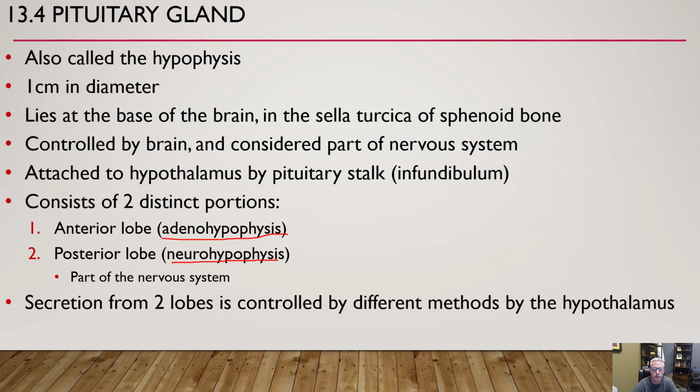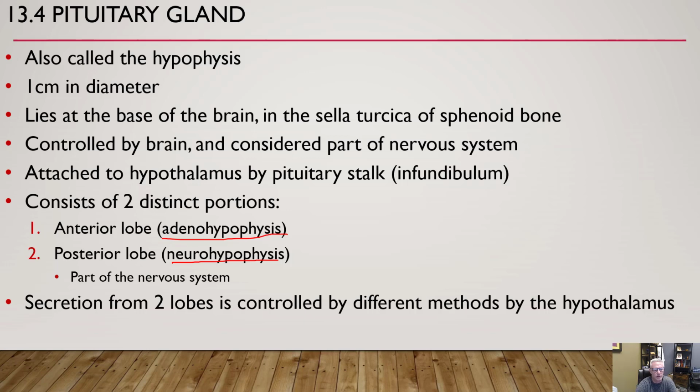And the secretion from the two lobes is actually controlled by two different methods from the hypothalamus. The chemicals that are released from the pituitary gland are considered hormones because these chemicals are released directly into the bloodstream. I will say that there is a third lobe, even though it says it consists of two distinct portions, the anterior lobe and the posterior lobe.